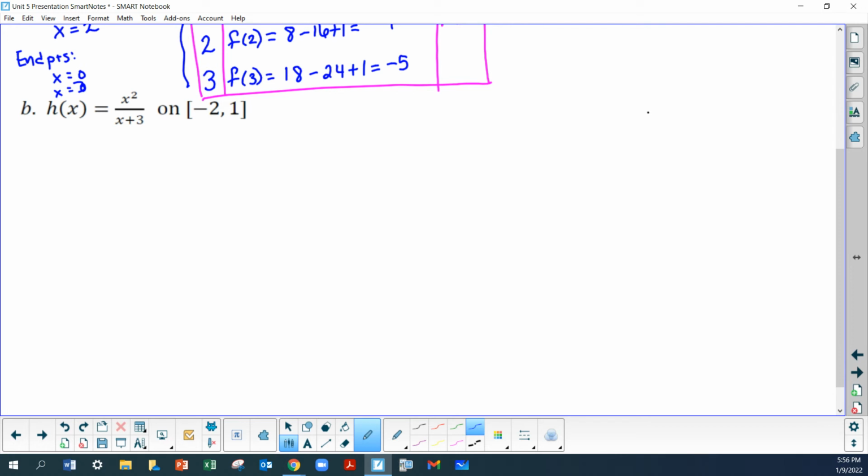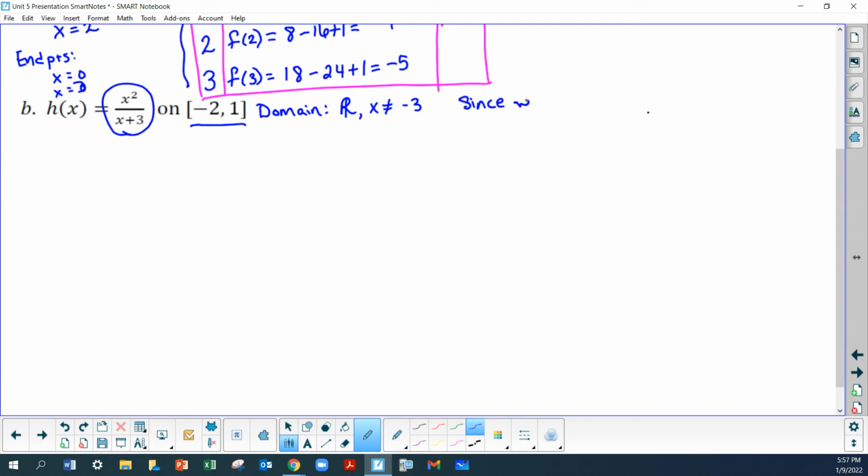All right. This is not always continuous, is it? So our domain, because it's important to understand whether we have a continuous function. Our domain is all reals except x cannot equal negative 3. But negative 3 is outside of our closed interval.